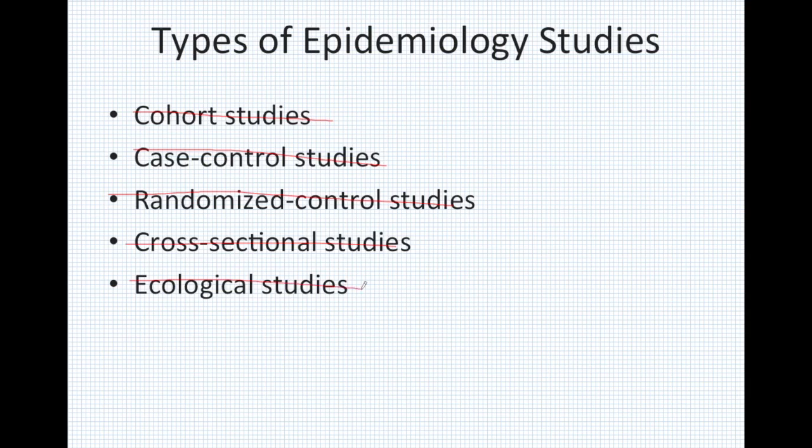These are not the only types of epidemiology study designs that exist. They are simply the main ones. I hope now that you can feel confident looking in any epidemiology journal and really understanding what you're reading when you read these studies.